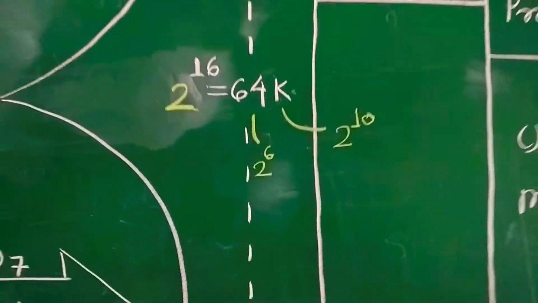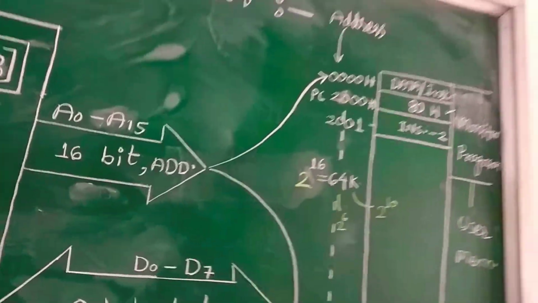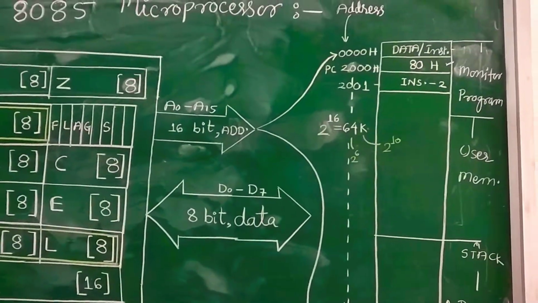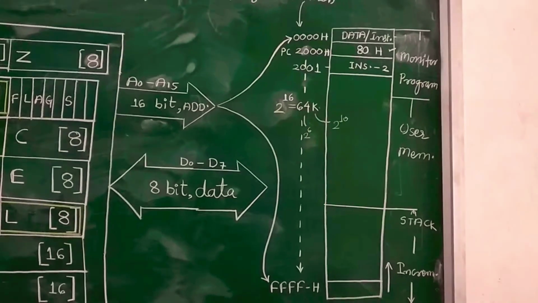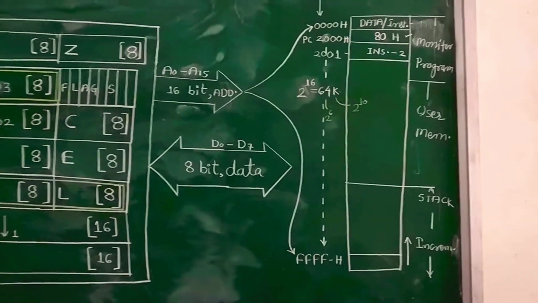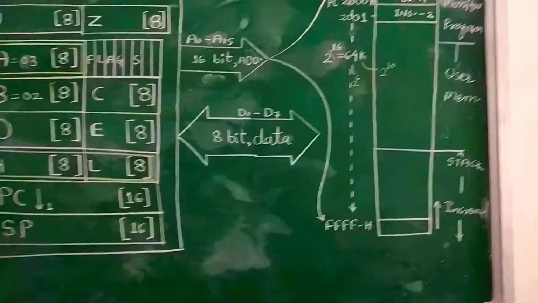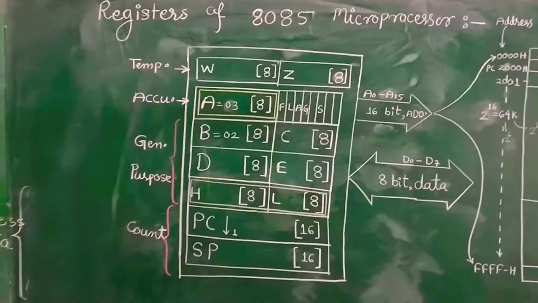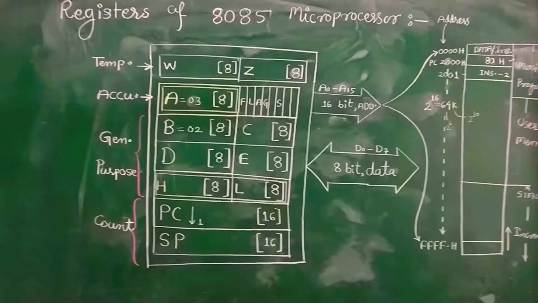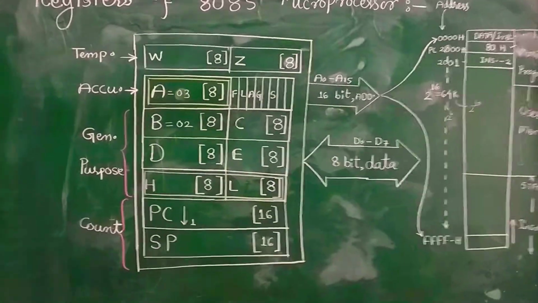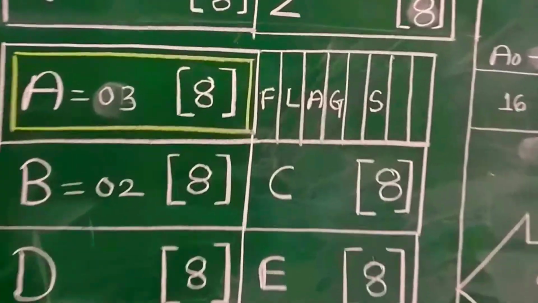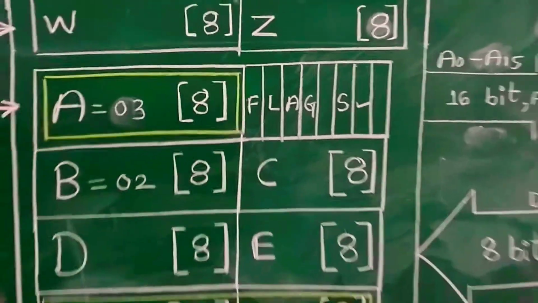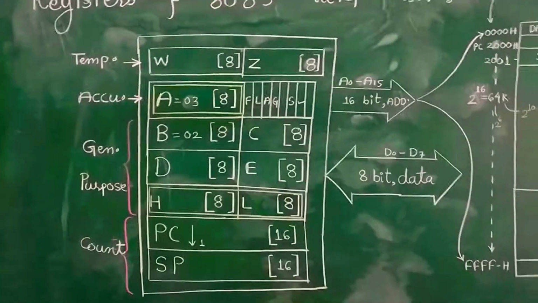Thus, this memory is divided into 3 portions. Upper portion is monitor program, then after that user memory, after that we have stack. And today we have explained all these registers of 8085 microprocessor in detail, except the flag register. And these registers we will explain in the next class.